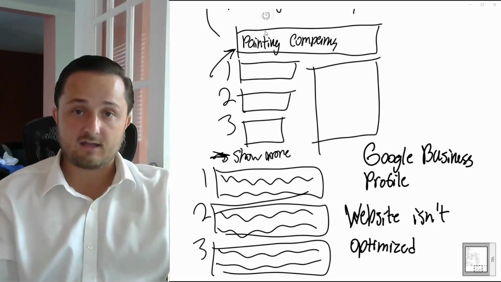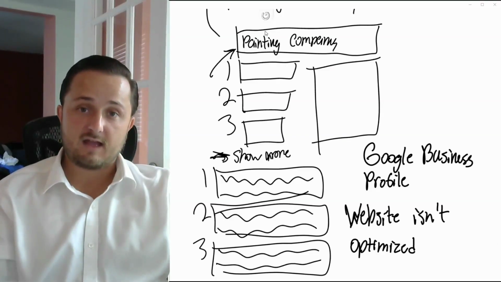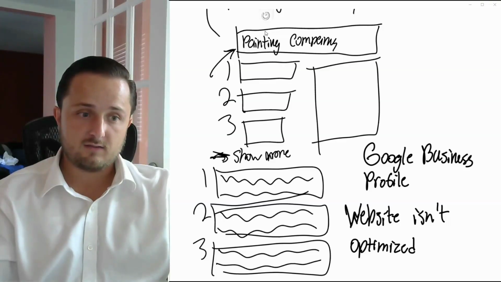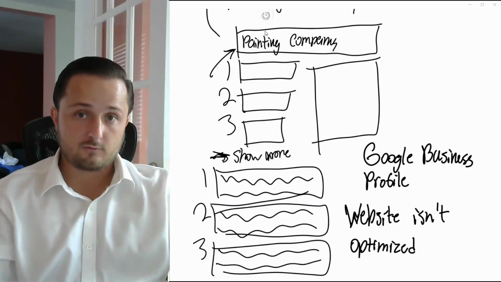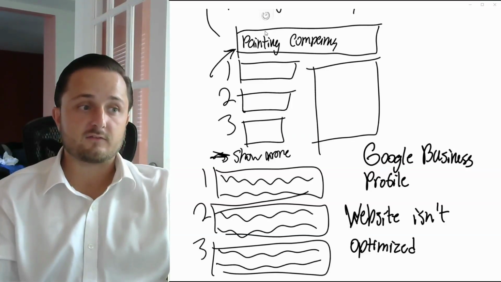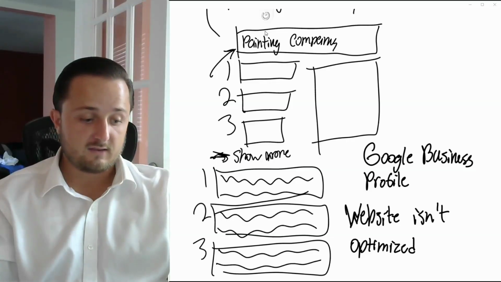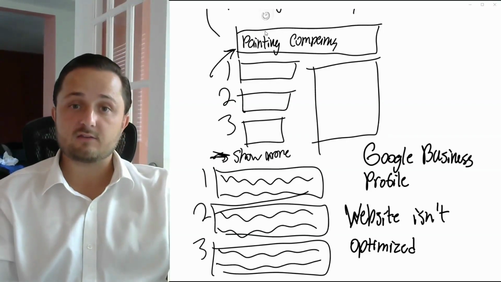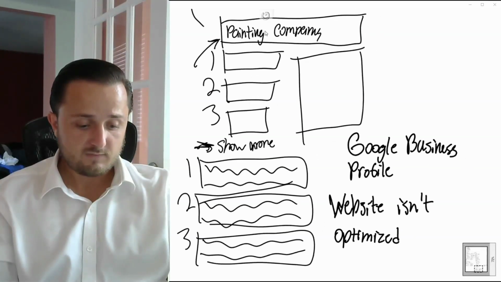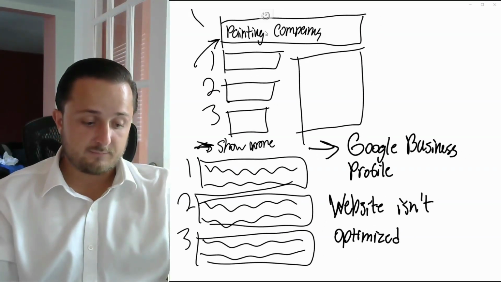They didn't see an interruption-based ad like on Facebook or any of these other social platforms, right? This isn't a referral and this isn't someone that saw your social media posts. This is someone local that is typing into Google or any search engine "painting company." So in this example, we're talking about Google.